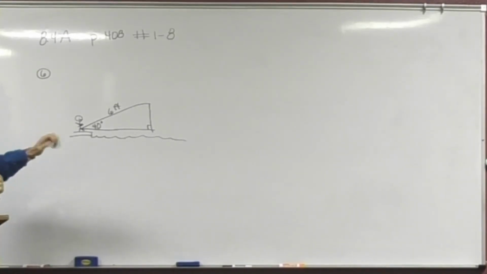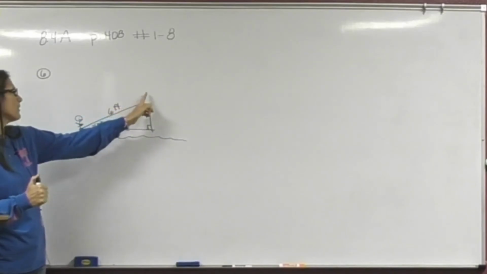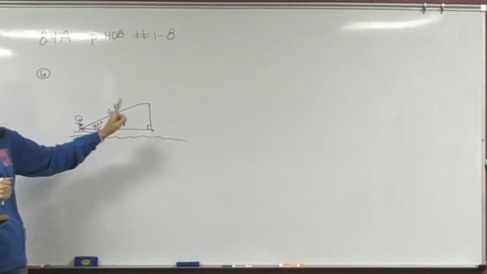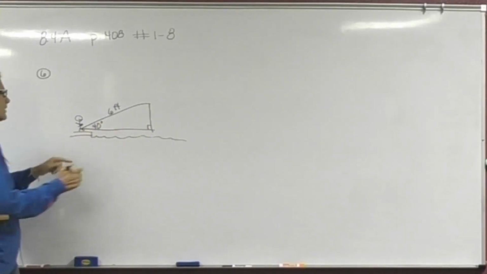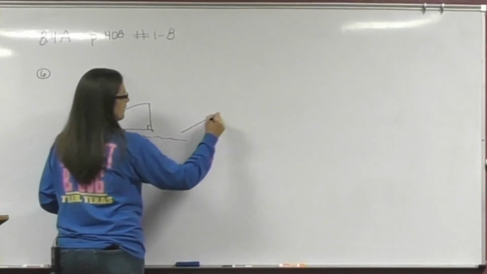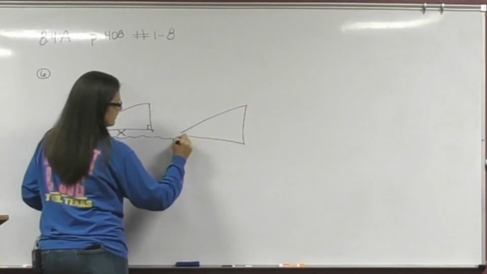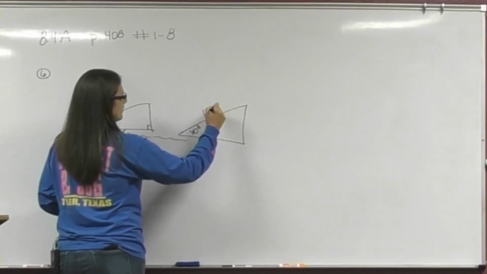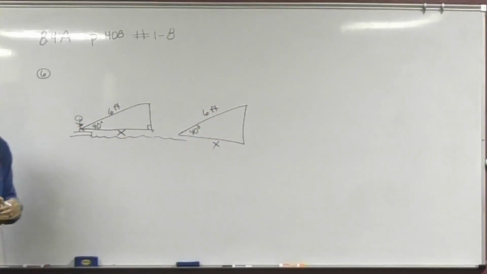Okay. So here's the end of his pole. His line is dropping down here into the water. So the question is, how far is his line from the dock? So the X would go here. So this is what your right triangle would look like.